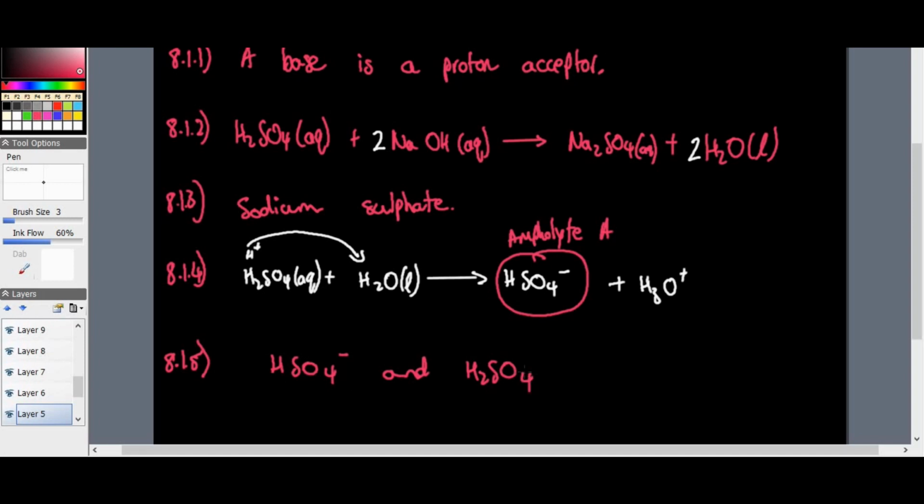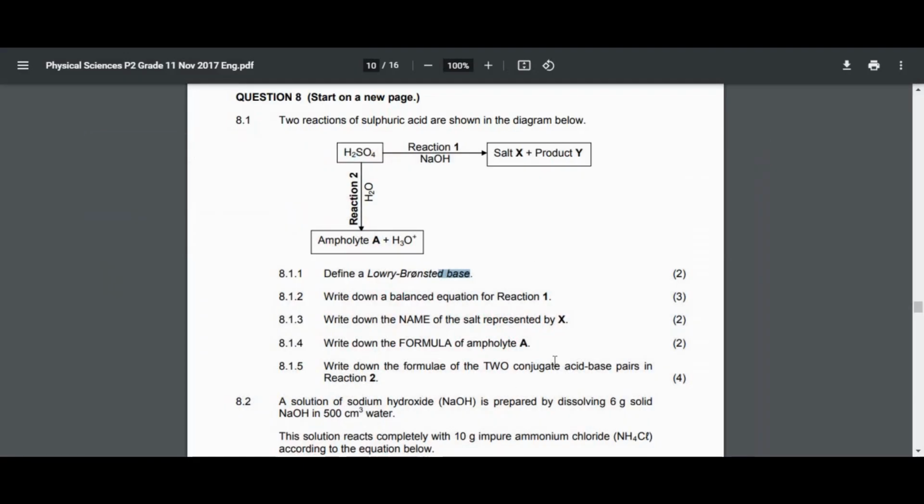Just change it out there. H2SO4. So this would obviously be the conjugate base of an acid, of the acid. Okay, and then you'd have the base and the conjugate acid of a base, which is H3O plus. Okay, so either one in any order, because they asked for the two conjugate acid-base pairs in reaction 2.